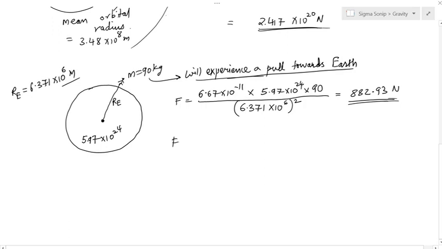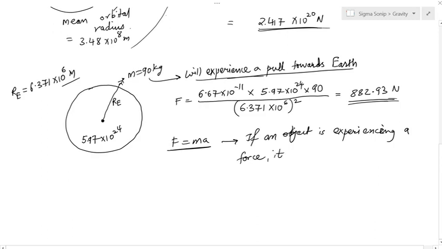The formula that we normally consider is this, and this formula means if an object is experiencing a force, it will undergo acceleration. So wherever there is a force, there will be acceleration.